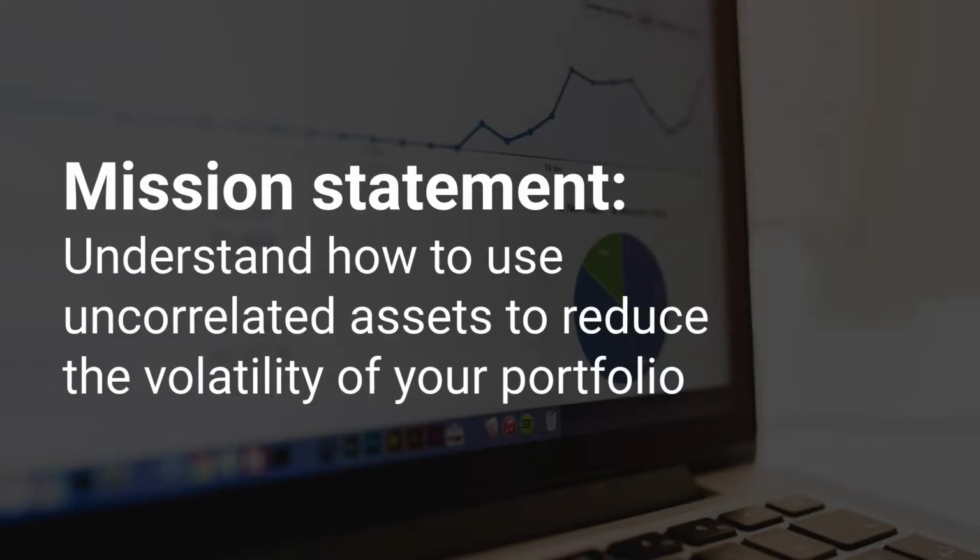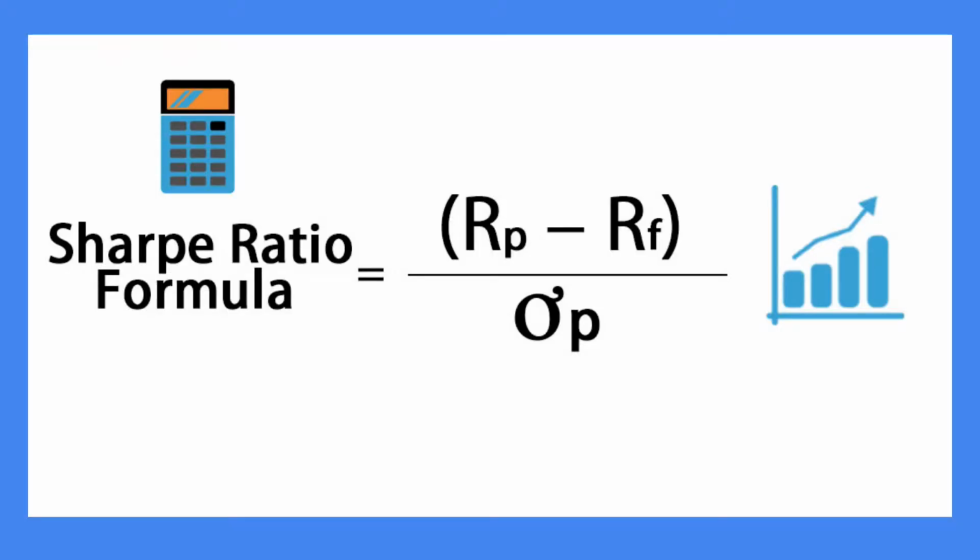So just to begin, my mission statement is basically to understand how to use uncorrelated assets to reduce the volatility of your own portfolio. Now, the whole point of finance, or more specifically your own individual portfolio, is that your goal should be to maximize your Sharpe ratio.